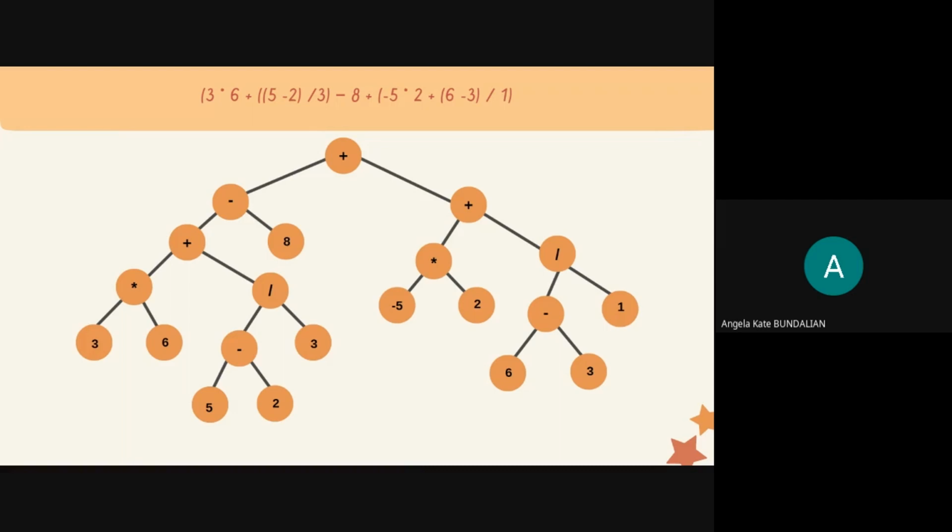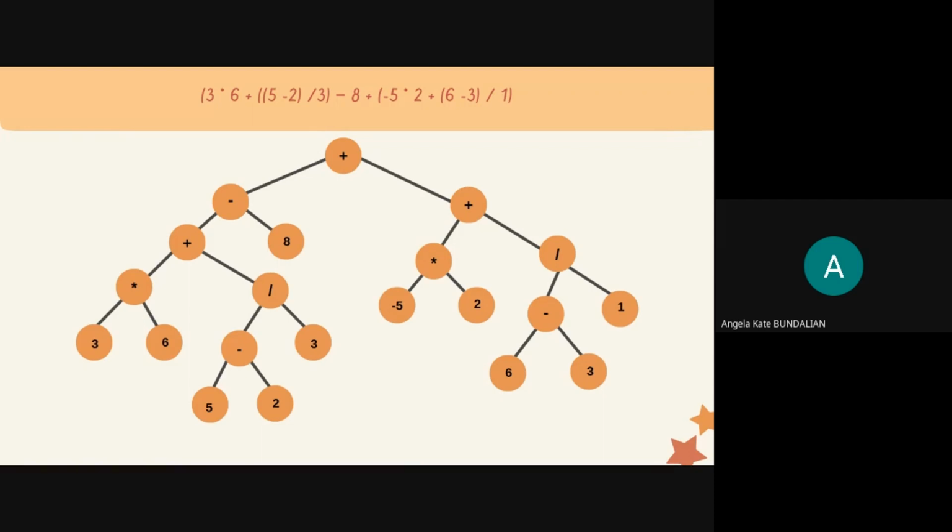We will take also 3 and 6 as the leaf nodes under multiplication, while we will be taking 3 under division as a leaf node also. Dividing again this sub-expression, we will have the subtraction as internal node and 5 and 2 as leaf nodes.